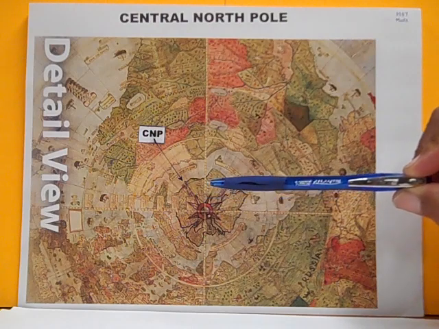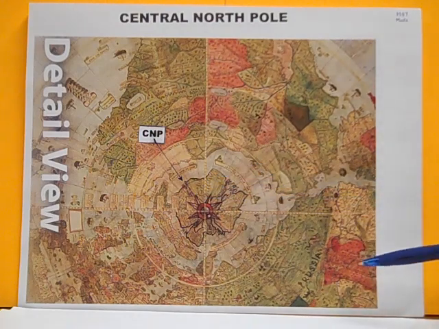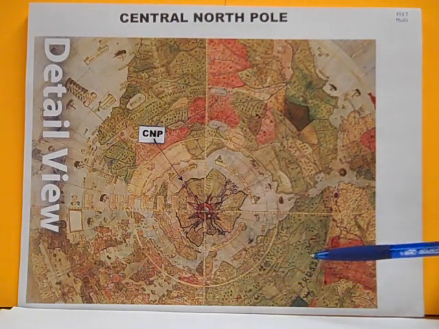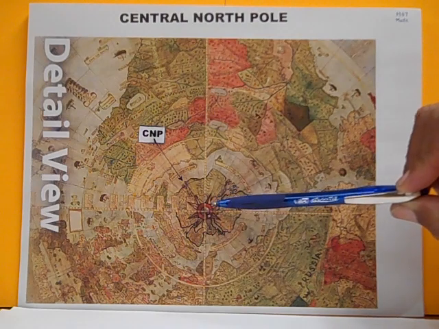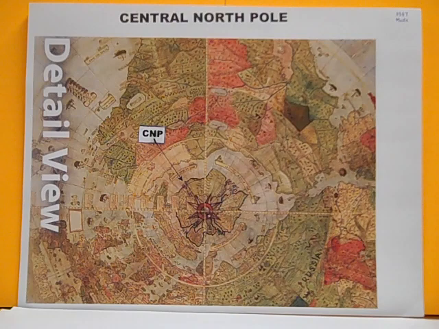It is a detailed map with the 4 small continents, and Russia is over here. To give you an idea, Russia is right here. Here is the North Pole, the central North Pole. This is a Urbano Monte map of 1587.